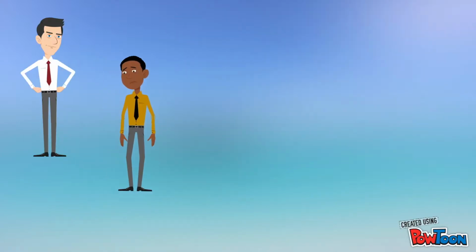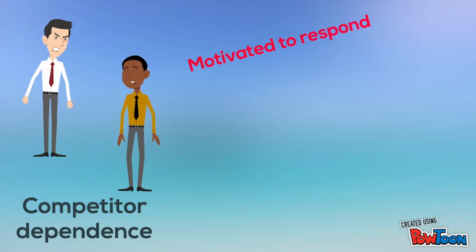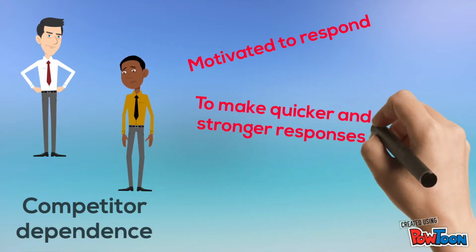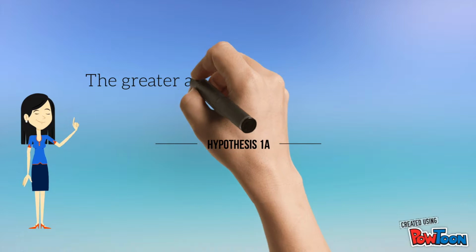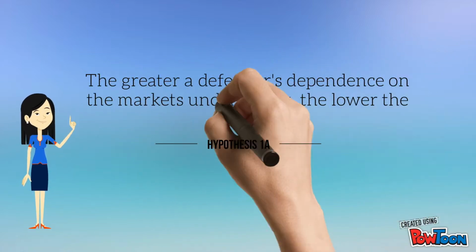Firstly, competitor dependence. Competitors are generally motivated to respond and to make quicker and stronger responses if they view an action as a threat to important markets. Thus, this paper hypothesized that, Hypothesis 1a, the greater a defender's dependence on the markets under attack, the lower the likelihood of non-response.